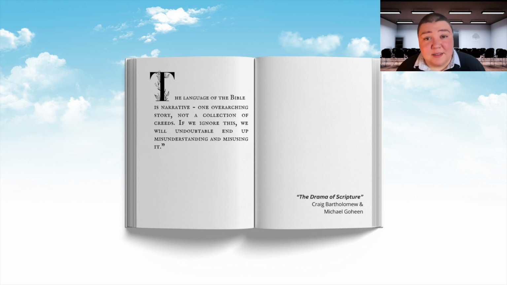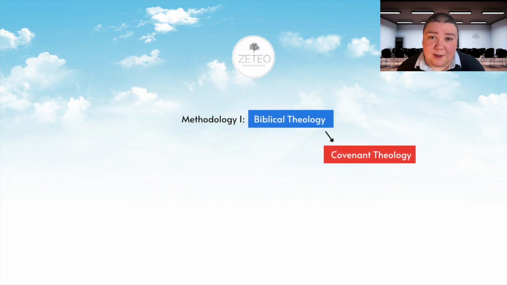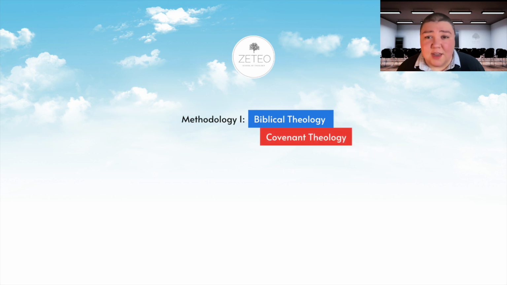In this class, and indeed for all of our studies and courses we teach here at Zeteo, the first methodology we propose and apply is called biblical theology. You will already be familiar with this method as we introduced it in covenant theology, the course preceding this one.